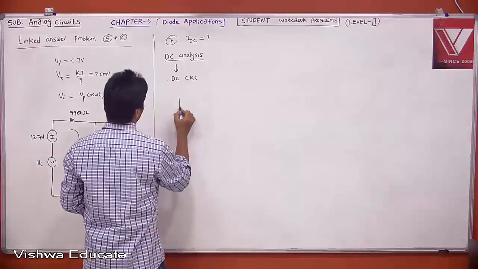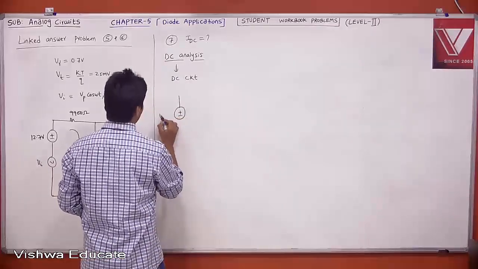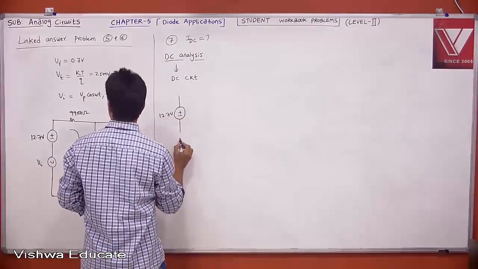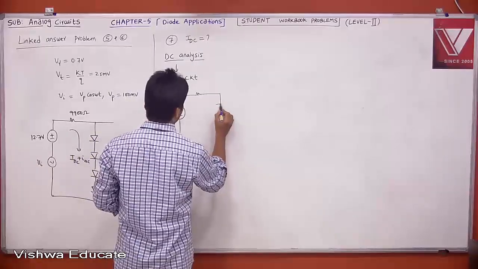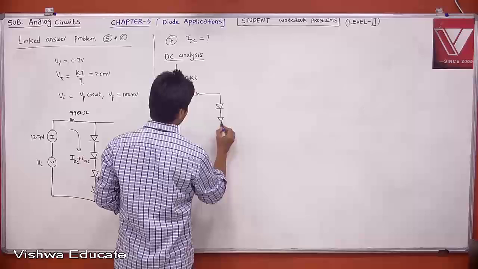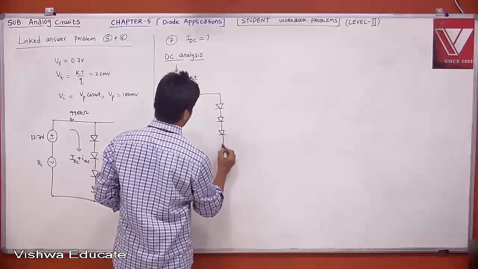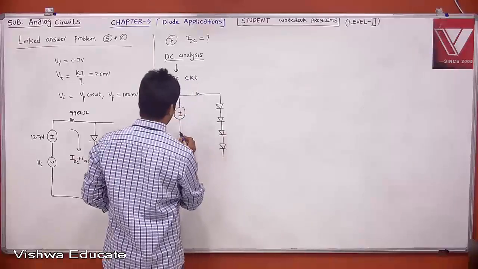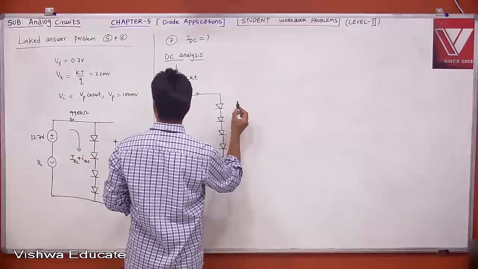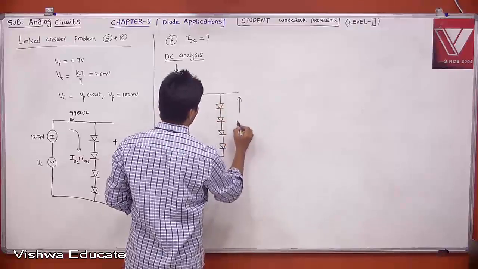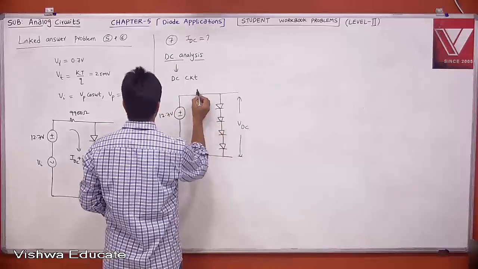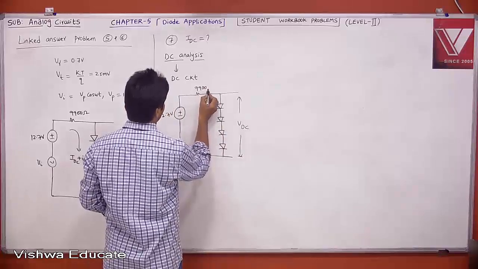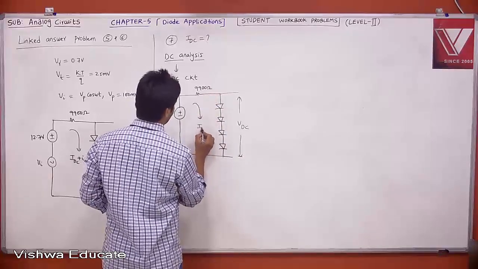Then this is nothing but plus minus 12.7. Then it is a resistor and PN junction diodes. There are 4 PN junction diodes, everything having only VDC. Now this is 9900 ohm, and we want to find IDC.